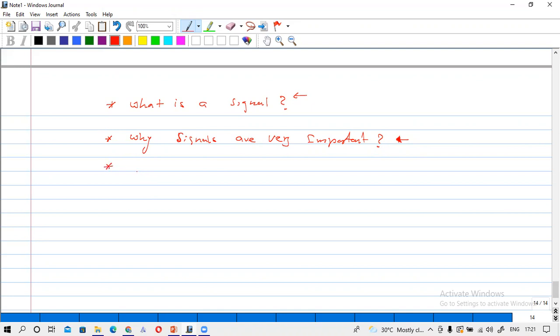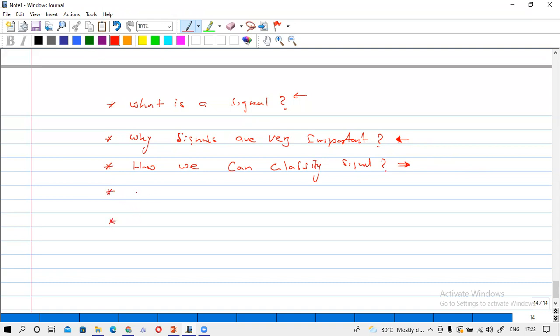And the third one, how can we classify signals? There is no standard classification, no standard hierarchy. We can classify it based on different parameters. We have learned about 2 classifications.